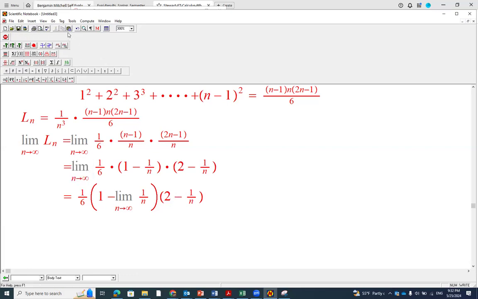That's what the limit law told us we can do. So in the end, as n approaches infinity, 1 over n approaches 0. So we get 1 over 6 times 2. So the limit is 1/3.